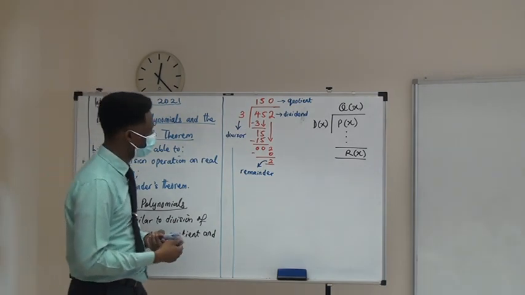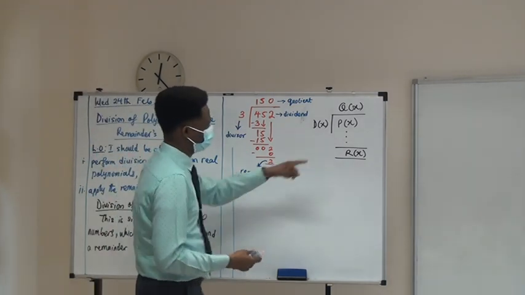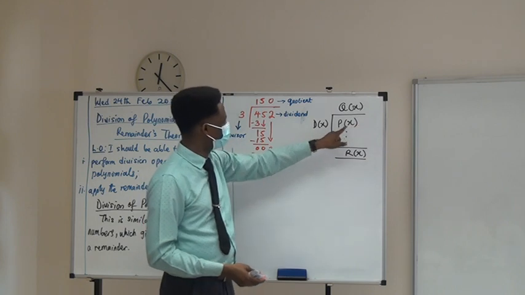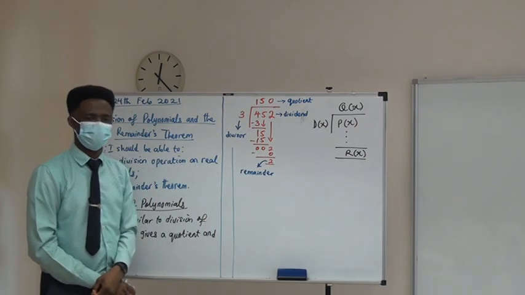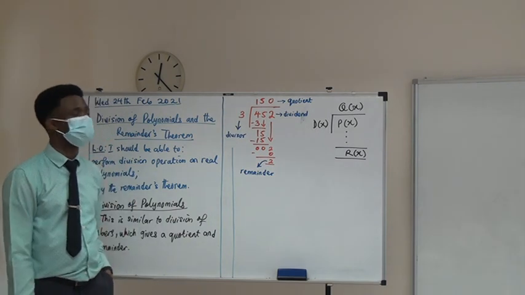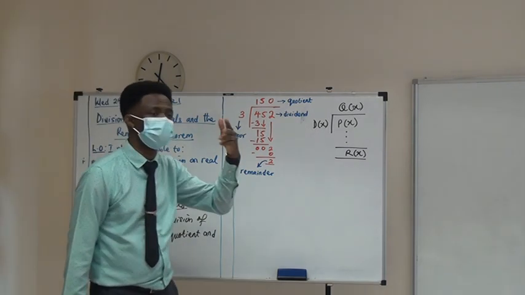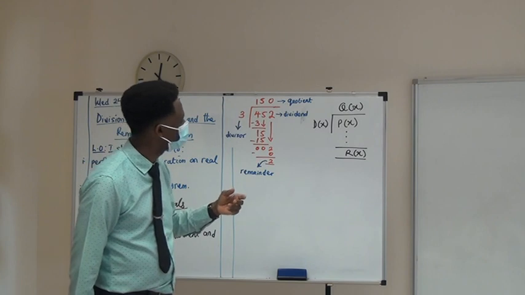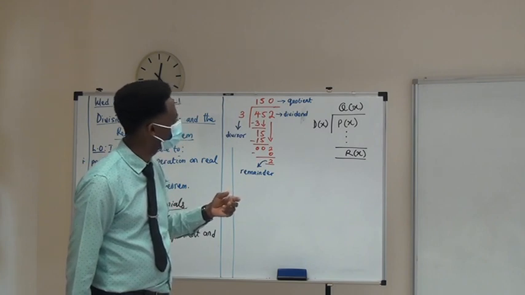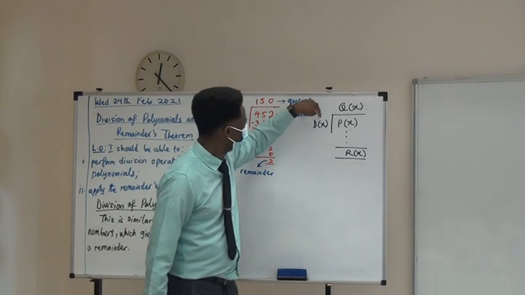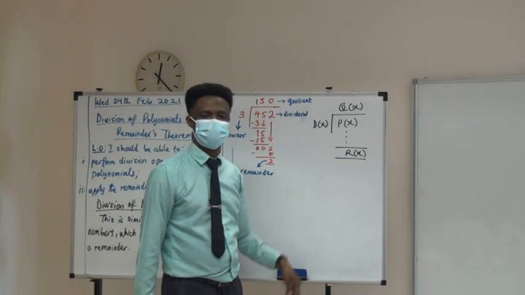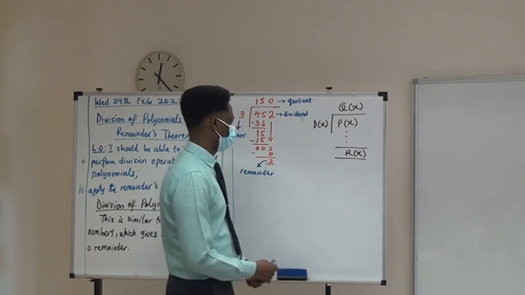So at the end, you will realize that your polynomial, can you tell me a relationship between d, q, r, and p? One relationship. d of x times q of x plus r of x equals p. That's it. This times this plus this gives you that back. Okay?